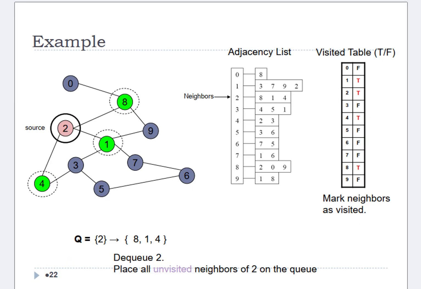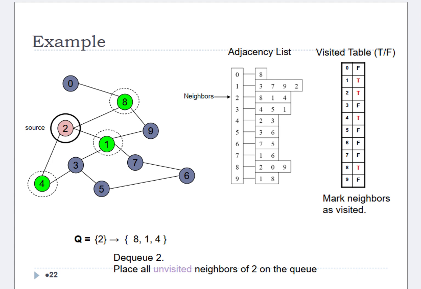21. Example: we mark the neighbors of 2 as visited. Q equals 2, then 8, 1, 4 after dequeuing 2.